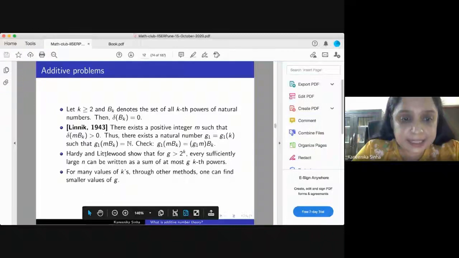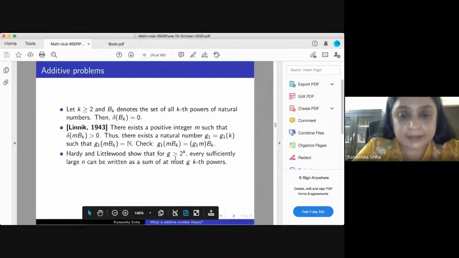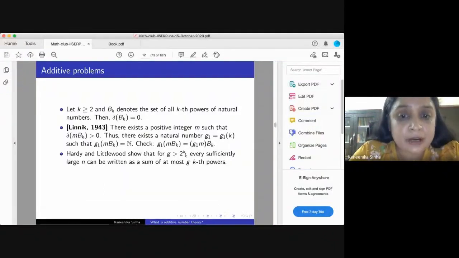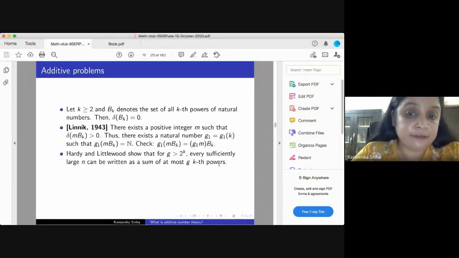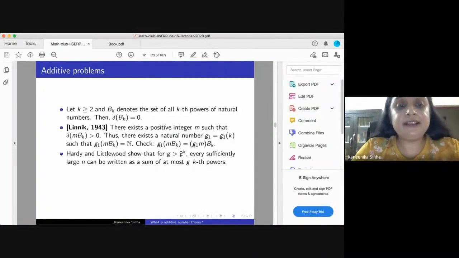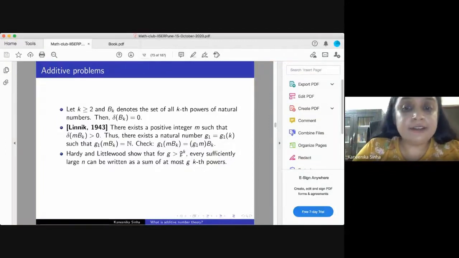So, for example, let's look at Hardy and Littlewood again. If you were talking about k equal to 2, that means for any g greater than 4, any sufficiently large n can be written as the sum of at most g number of squares. So that means for any g greater than or equal to 5, this theorem is saying every sufficiently large n can be written as a sum of at most 5 squares.